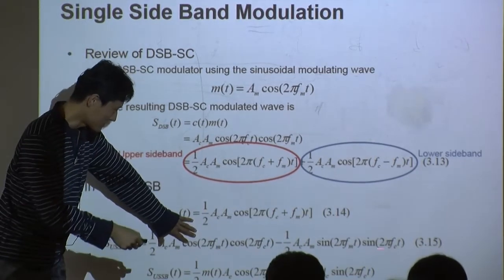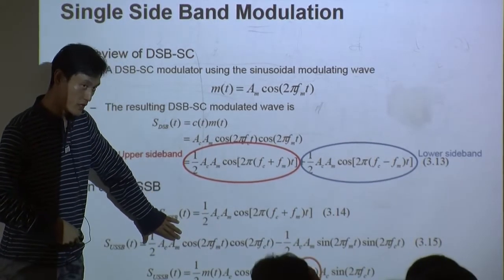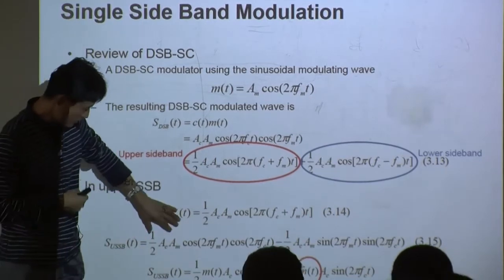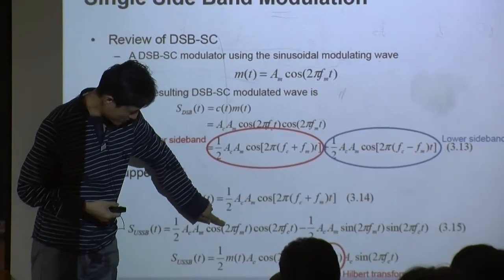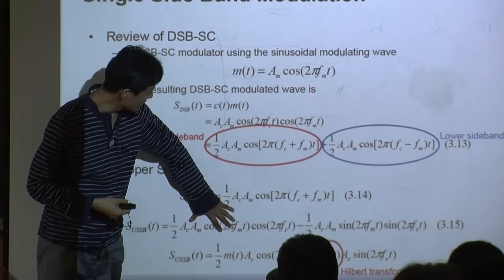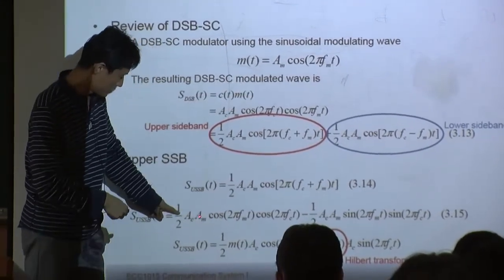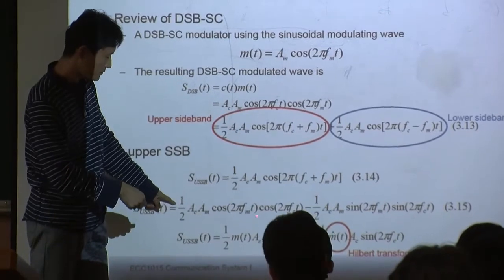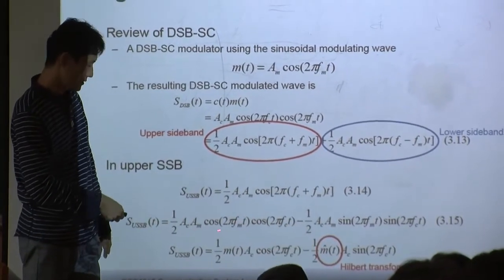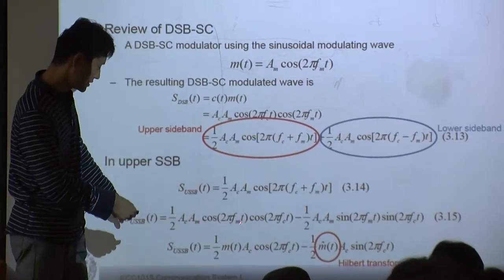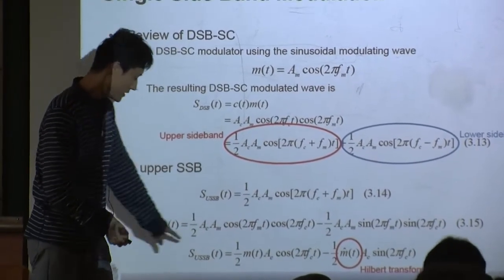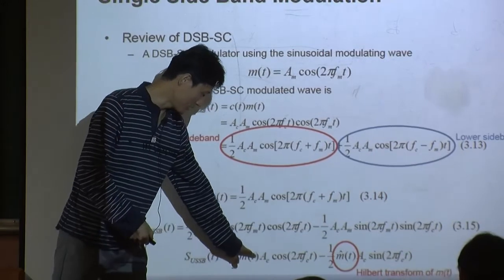Now when you look at the first term here, you see AM times cosine 2 pi FMT, which is the original m(t). So this part is the original m(t), and we can say it's a half of m(t) times AC cosine of the carrier.